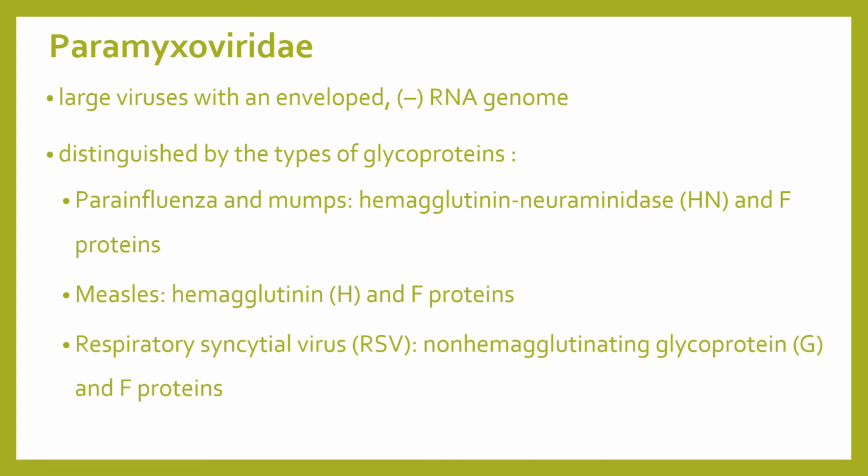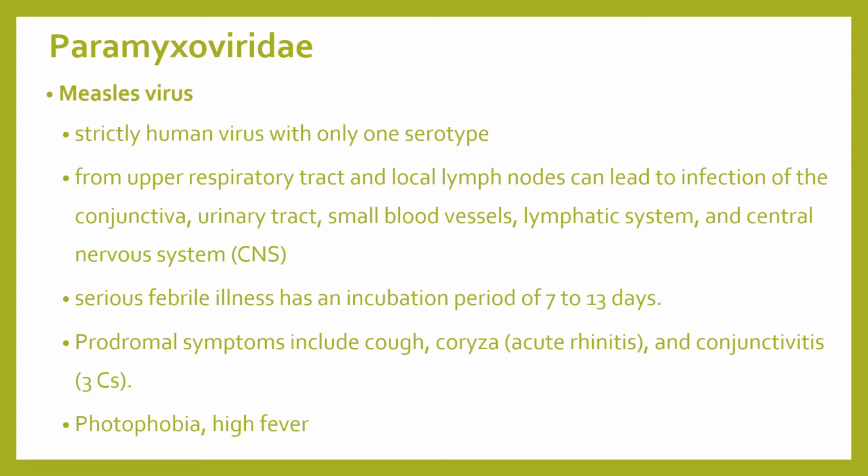Your RSV, or respiratory syncytial virus, contains non-hemagglutinating glycoproteins G and F. So these are your different paramyxoviridae: parainfluenza, mumps, measles, and RSV, all distinguished by the types of glycoprotein that they have. So let's talk about measles, which is the more common viral infection.